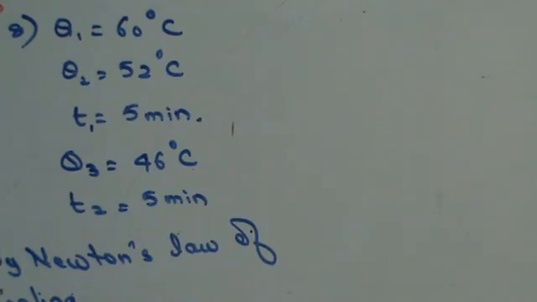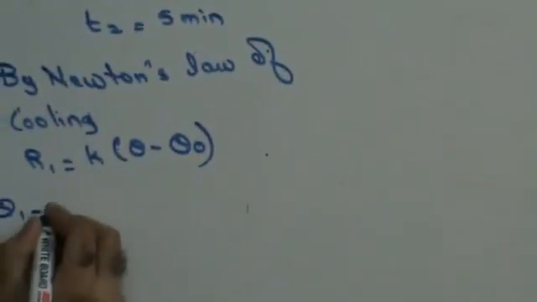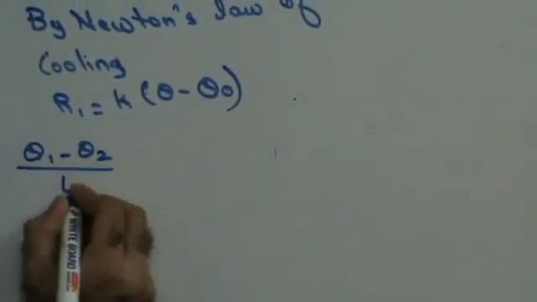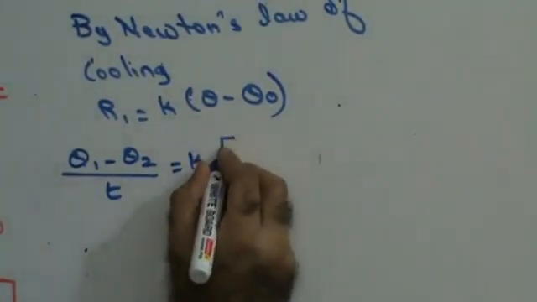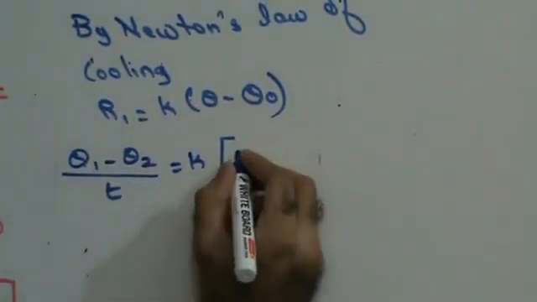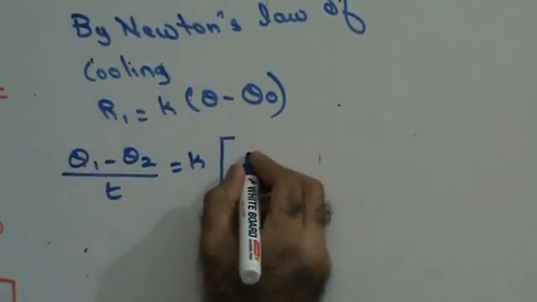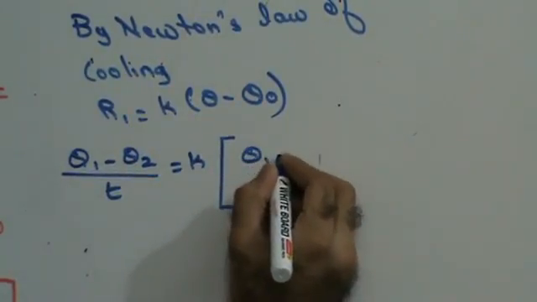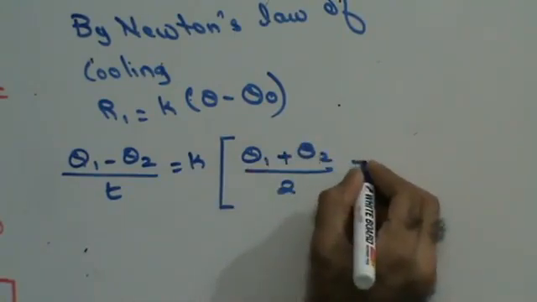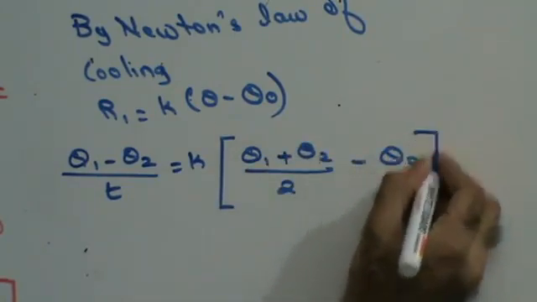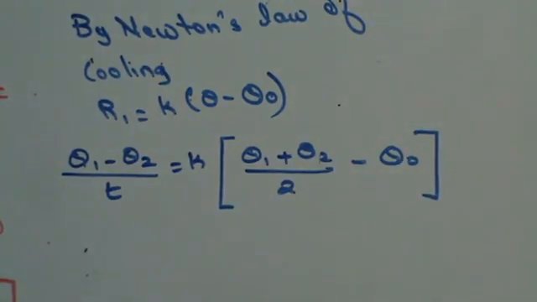Rate of cooling is going to be nothing but theta 1 minus theta 2 divided by T. The rate of cooling is equal to K times the average of the temperatures it is cooling from, 60 to 52 divided by 2, minus the temperature of the surrounding. So this is going to be my rate of cooling.